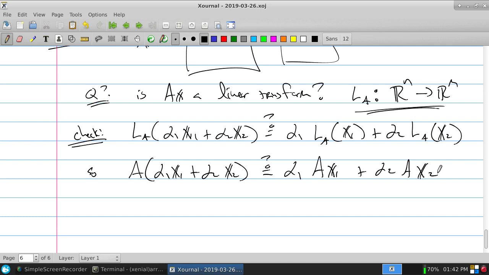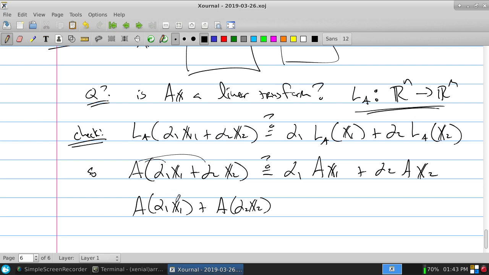Well, what is one of the properties of matrix multiplication? Is there a left-hand distribution? Yes. Can a scalar go in front of a matrix vector? In other words, what do I have? I have a matrix multiplying alpha 1 x1 plus a matrix multiplying alpha 2 x2. What's one of the properties of matrix multiplication?